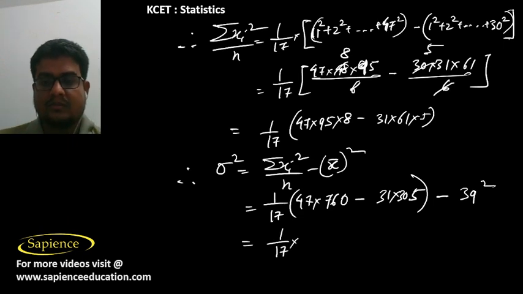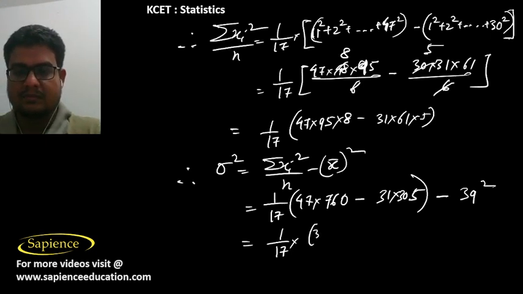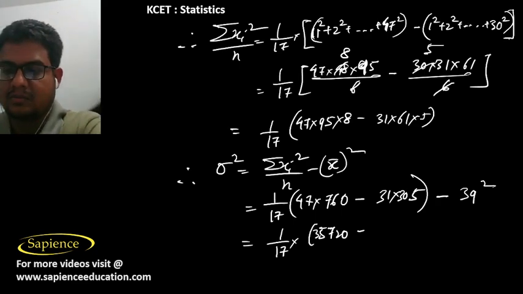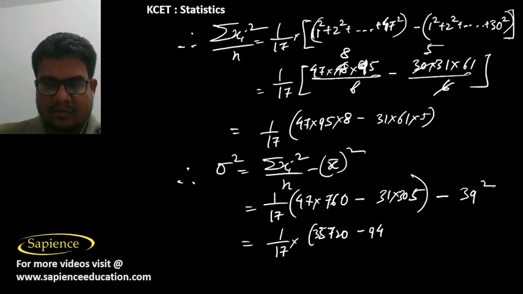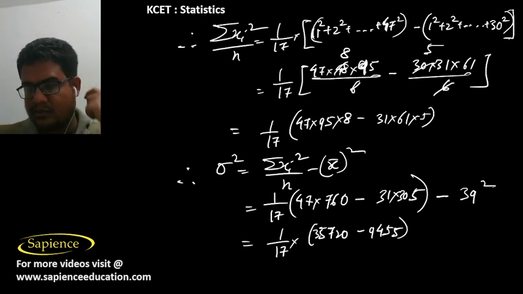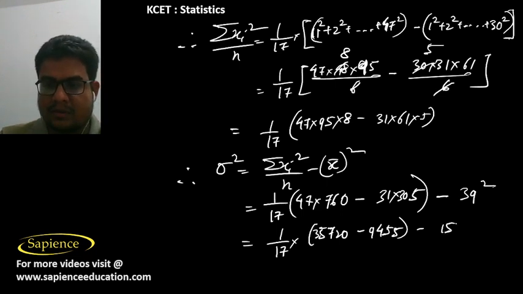So this will be equal to 1 by 17 into 47 into 760, 35720, minus 305 into 31, that is 9455, then 455 minus 39 square, it's 1521.